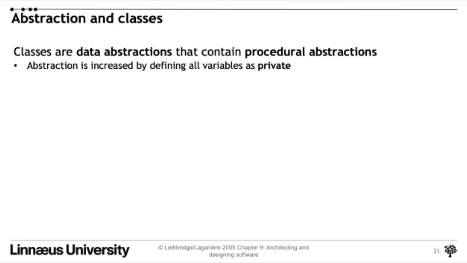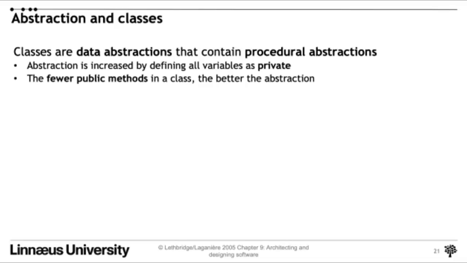What I'm interested in is the type of operations I can perform over the stack and the type of result that I get from it. So all variables must be private, and the fewer public methods in the class, the better the abstraction.